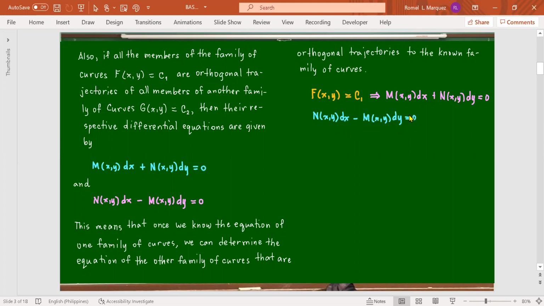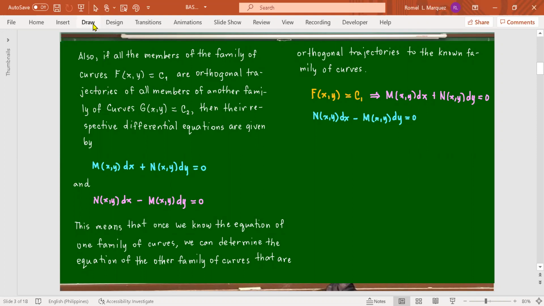equal to 0. Notice that in this differential equation obtained from this M dx plus N dy, the coefficients of dx and dy are interchanged, but you have to negate this M, okay?